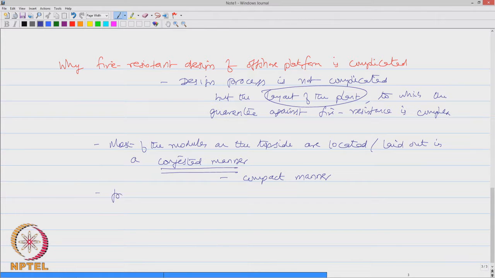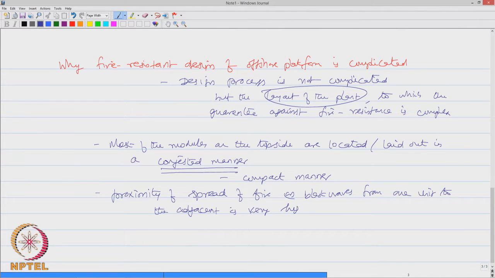Therefore, proximity of spread of fire or blast waves from one unit to the adjacent is very high.